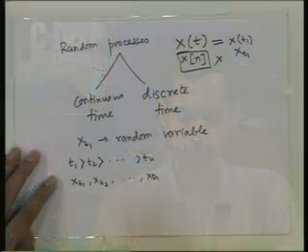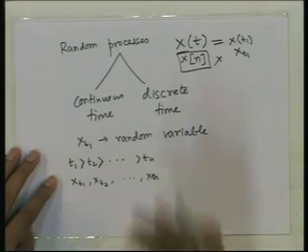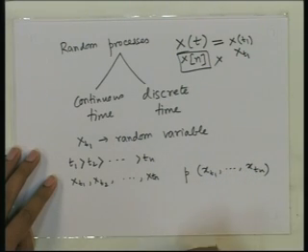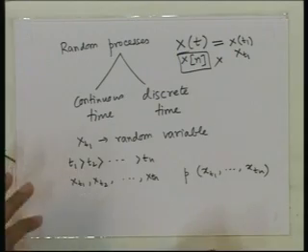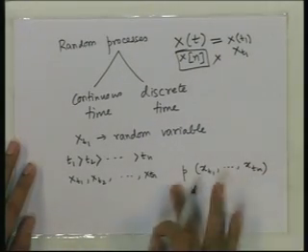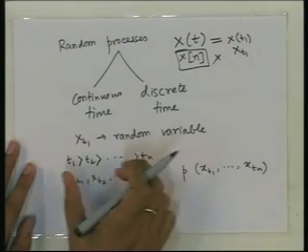If we are considering a continuous time, continuous valued random process, then we have a probability density function, abbreviated as PDF. So, we have a joint PDF, which is denoted by P of x(t1) to x(tn). Okay. Now, this density function may not change if we shift all the time instances by the same amount.